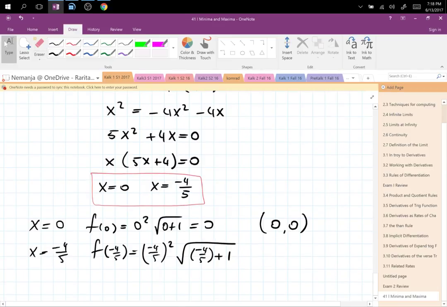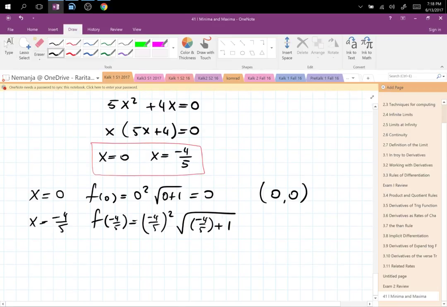So now we compute this. I get 16 over 25 times the square root of 1/5.